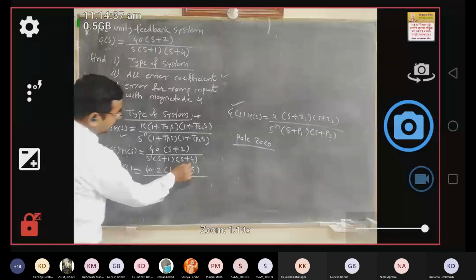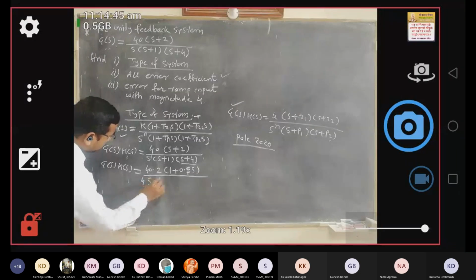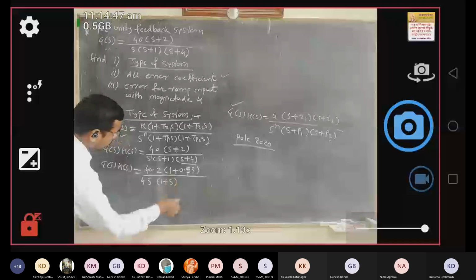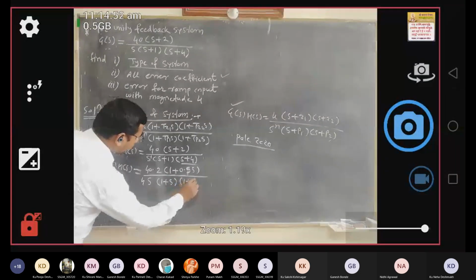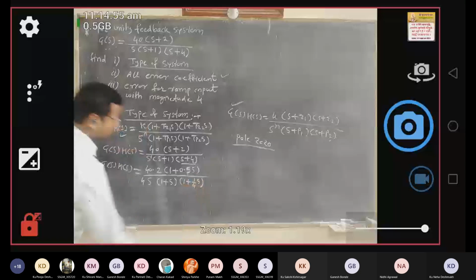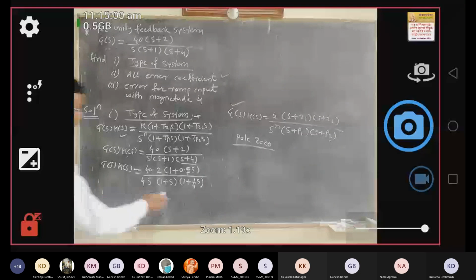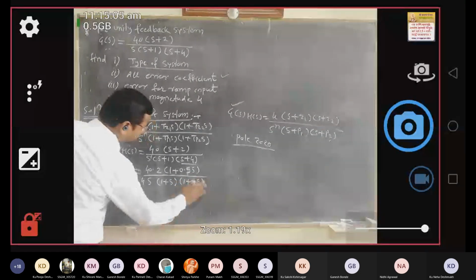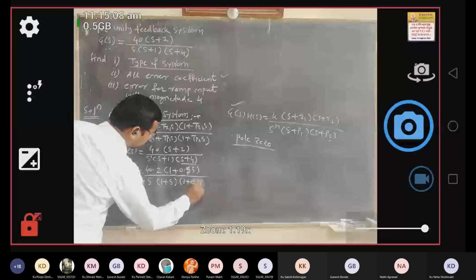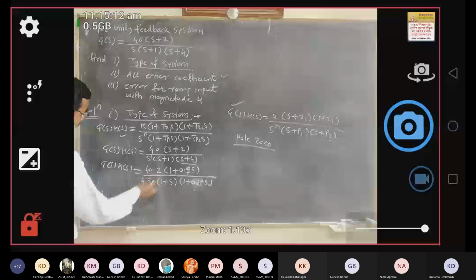Take 4 common from the second term: 4 into s raised to power 1, (1 + s), into (1 + 1/4 s). The value of 1/4 is 0.25, so you can write 0.25s. Now simplify this.